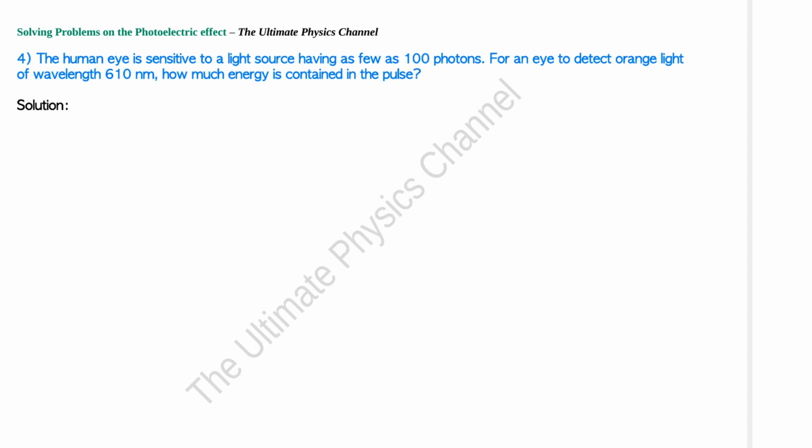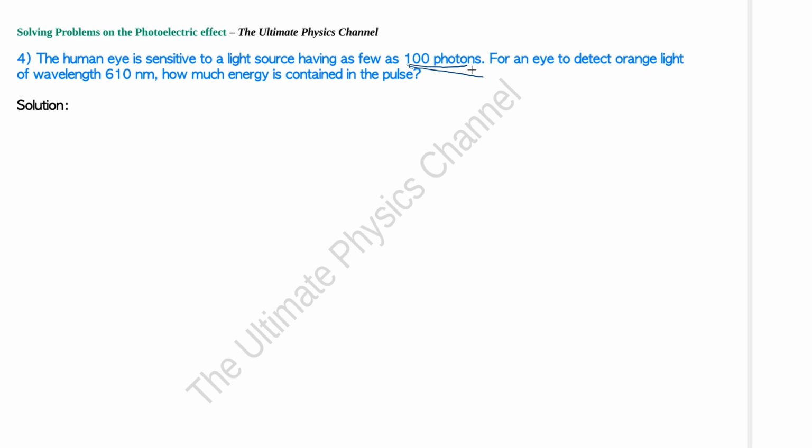The human eye is sensitive to light source having as few as 100 photons. For an eye to detect orange light of wavelength 610 nanometers, how much energy is contained in the pulse? So the sensitivity of human eye is 100 photons only.